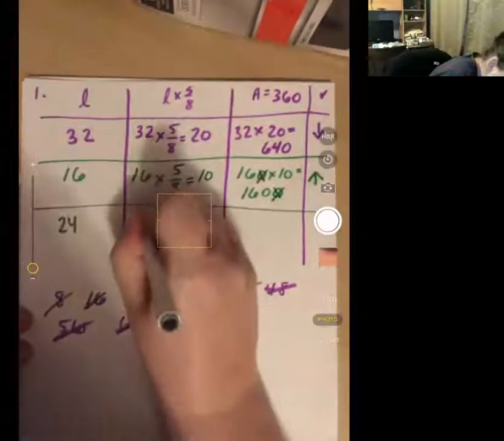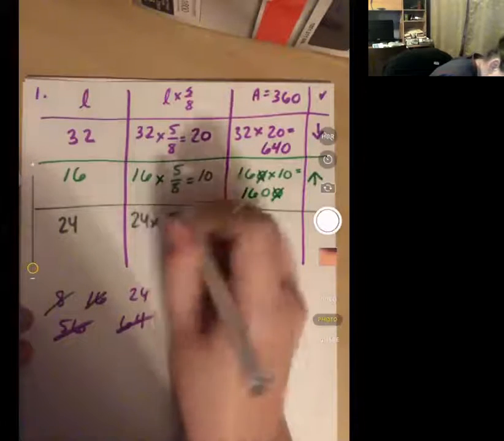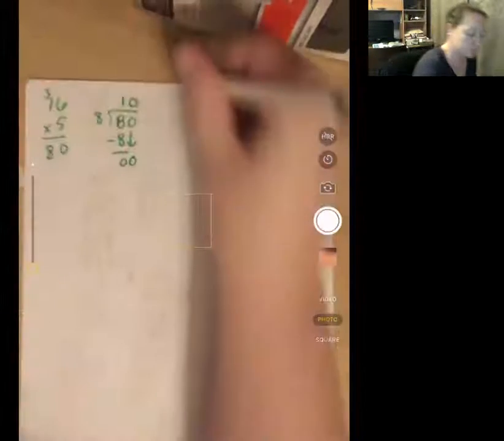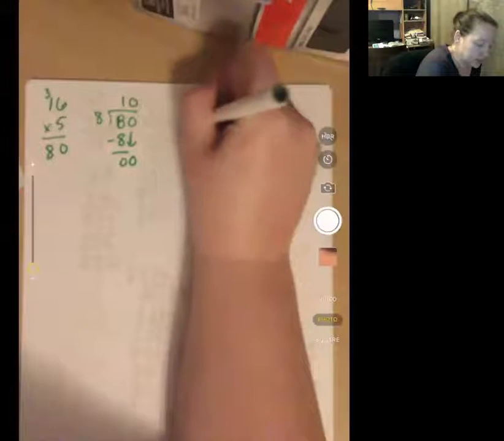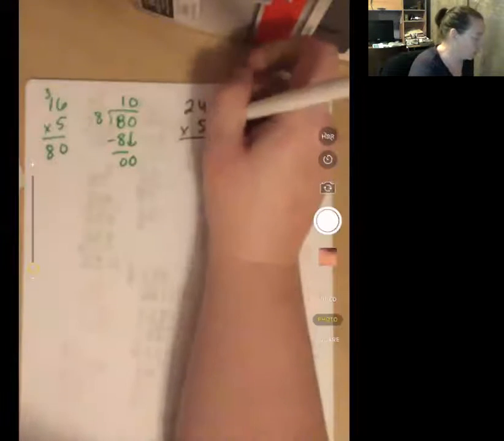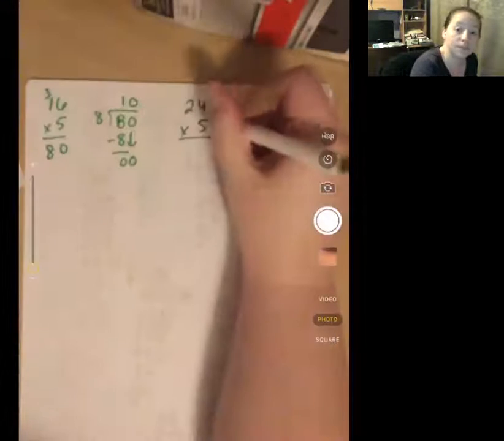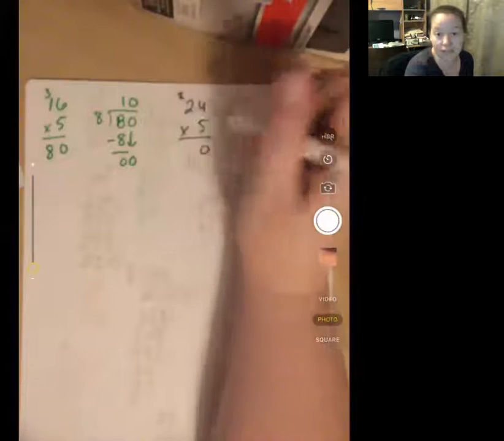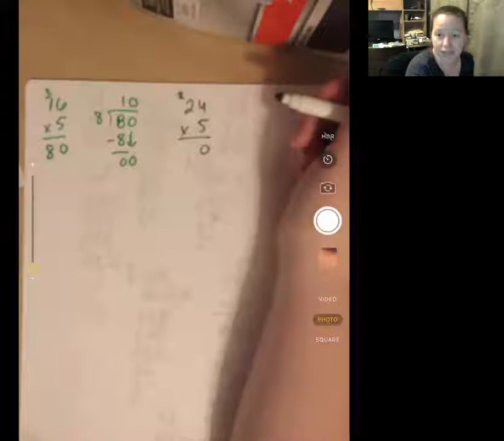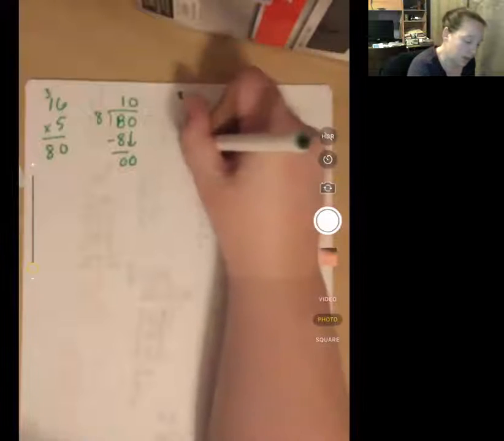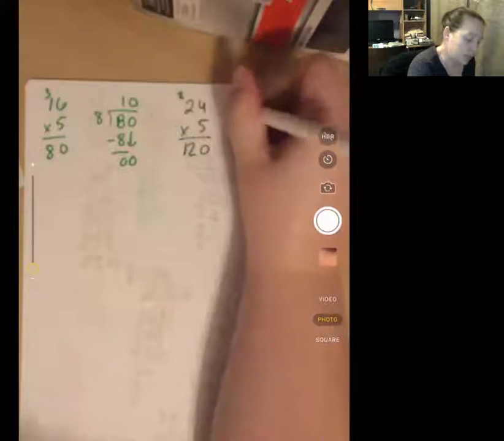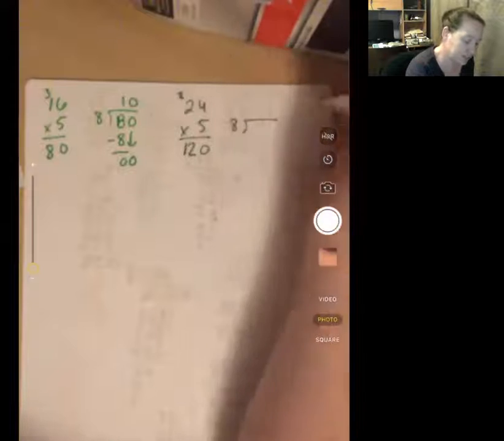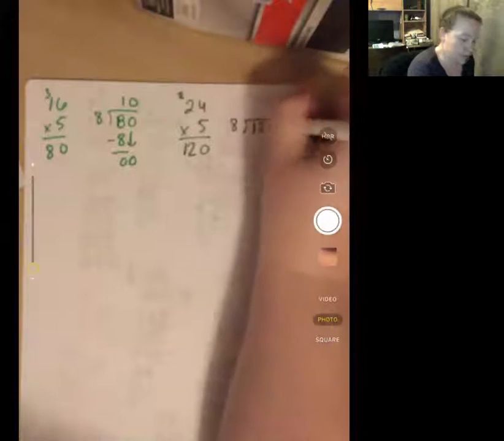So 24 times 5 over 8 is equal to 24 times 5. 4 times 5 is 20. 2 times 5 is 10 plus the 2, 12, 120. We then need to divide this by 8. 120 divided by 8.